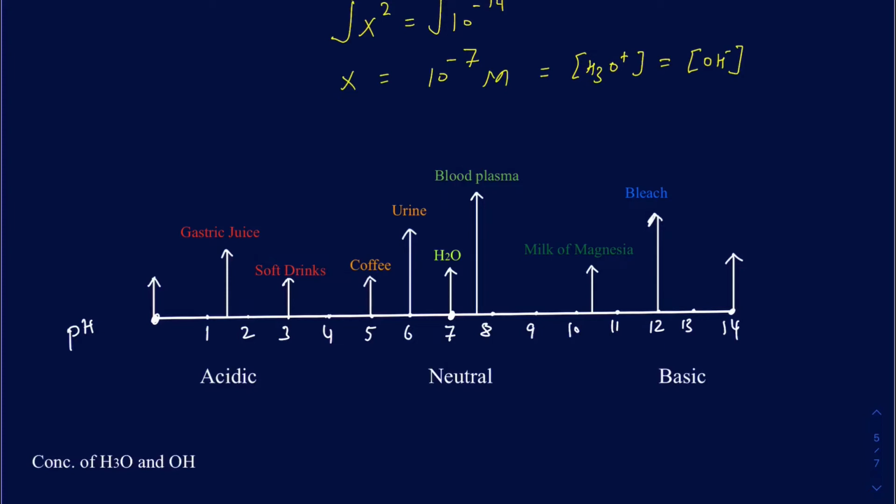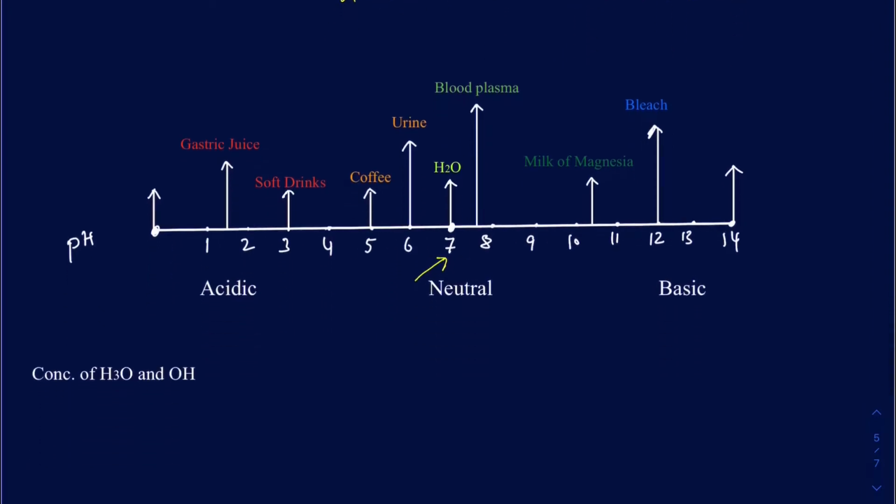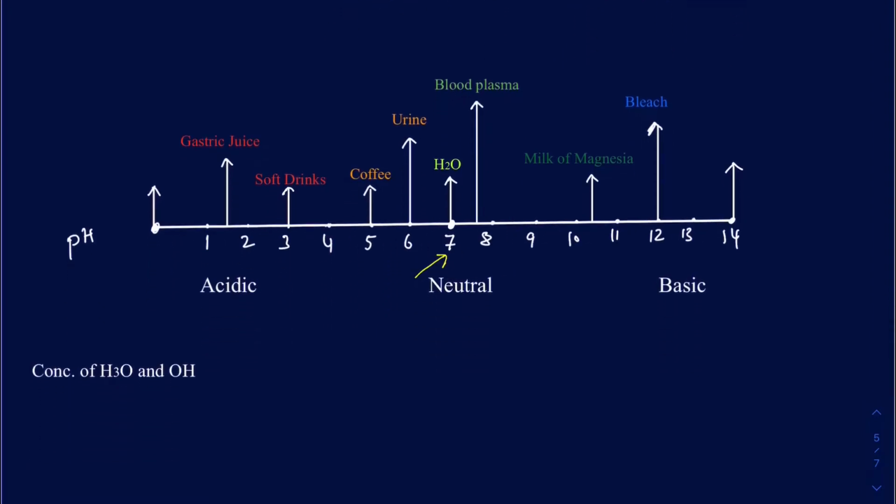The pH more or less measures the concentration of the acid or the base you have in a given solution. Let's start out with neutral. Neutral is when you are looking at a pH of 7. So at neutral, my concentrations of H3O+ and OH- have to be equal to one another.